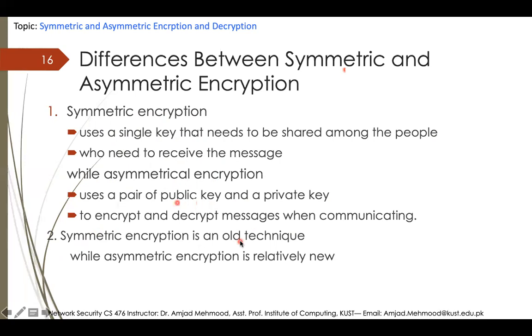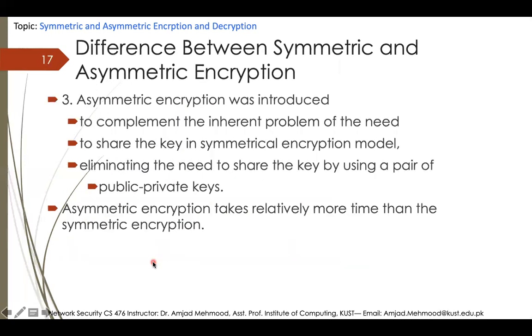Symmetric encryption is an old technique, while asymmetric is relatively new, as it was introduced due to the problem of key distribution in symmetric encryption. Asymmetric encryption was introduced to complement the inherent problem of the need to share the key in the symmetric model, eliminating that need by using a public-private key pair.